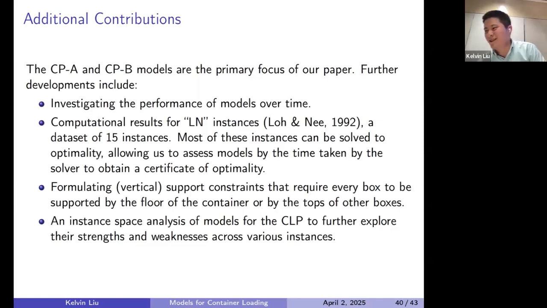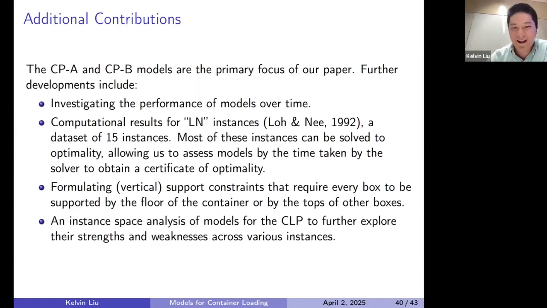Then in the paper, we also included an instance space analysis. As you might remember, the title of my thesis actually began with instance space analysis, but in this talk, I didn't really talk about it much, unfortunately. We did an instance space analysis comparing different models for the CLP, container loading problem, to further explore their strengths and weaknesses across various instances.